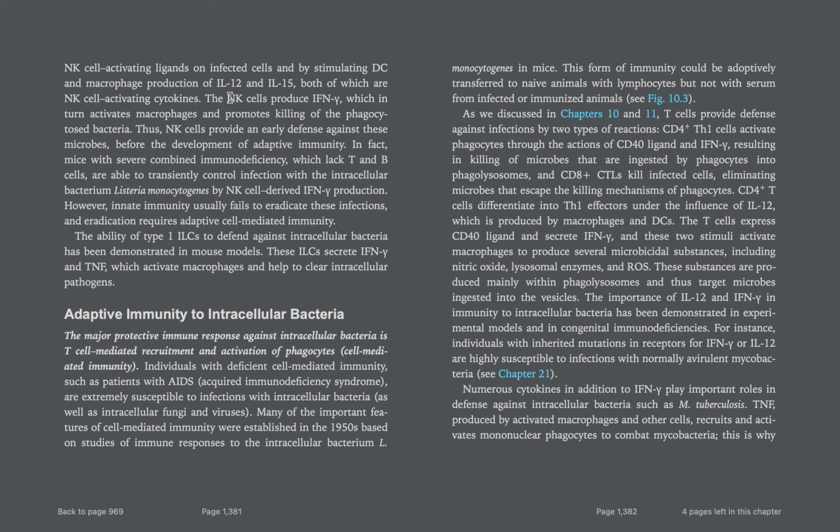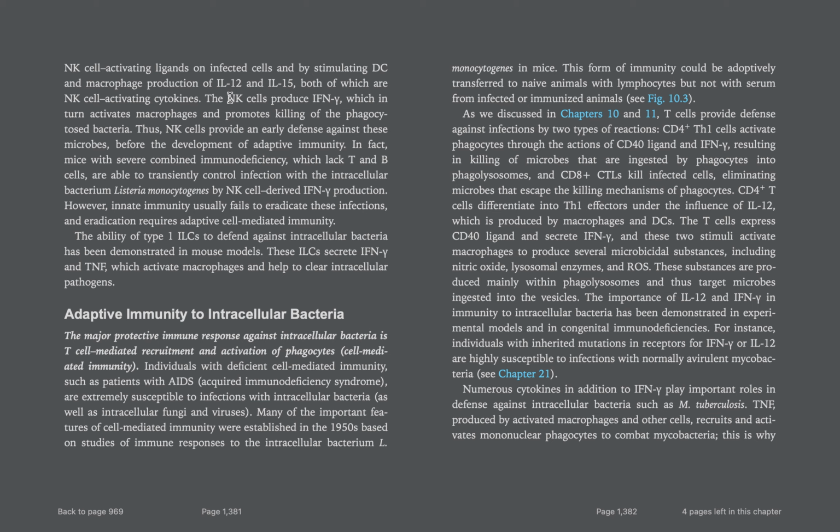Many of the important features of cell-mediated immunity were established in the 1950s based on studies of the immune response to the intracellular bacterium Listeria monocytogenes in mice. This form of immunity could be adoptively transferred to naive animals with lymphocytes, but not with serum from infected or immunized animals.